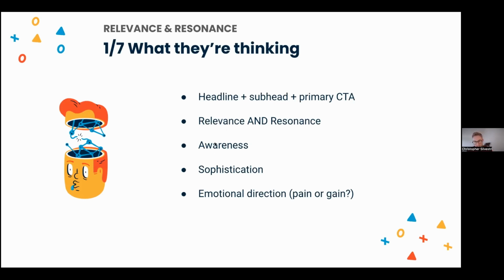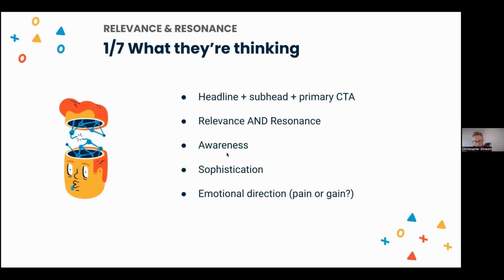Awareness. So it's about understanding the awareness of these people. You're probably familiar with the stages of awareness. In SaaS, they're probably going to be mostly either problem aware or solution aware. Rarely you will get product aware or most aware. Problem aware means they are aware that they have a problem and they are still looking for solutions, not sure what the solutions are.